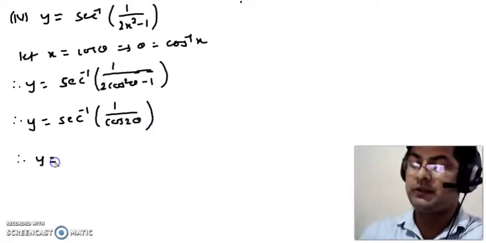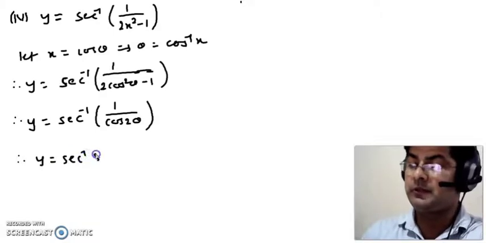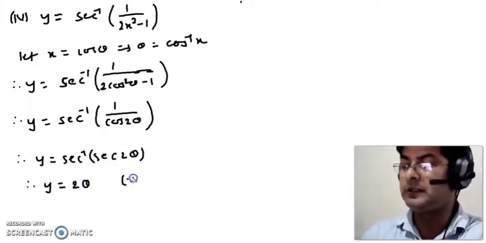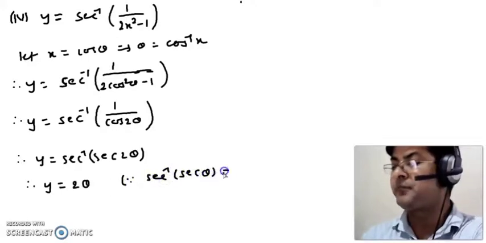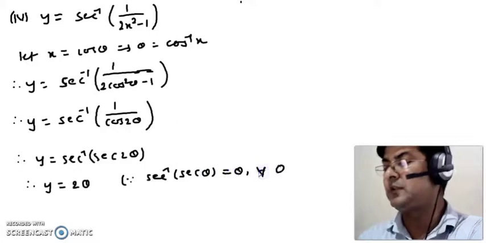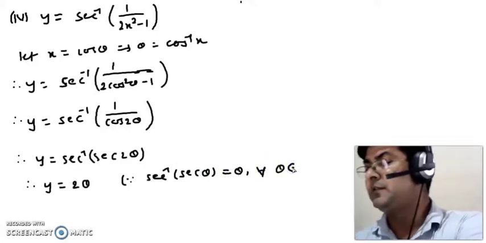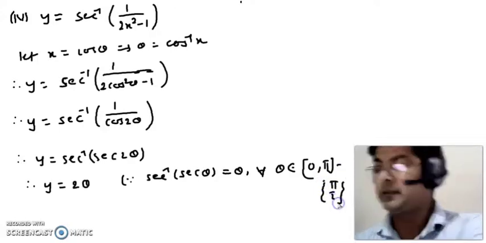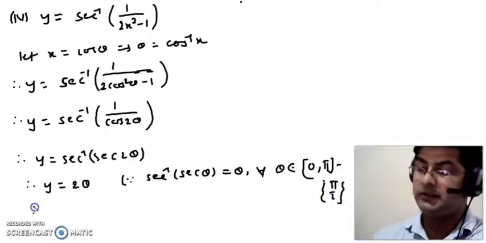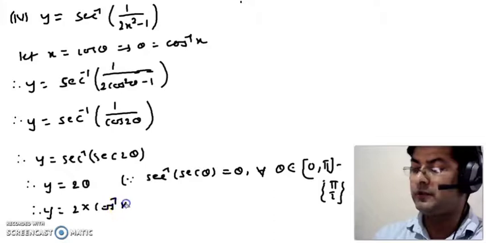And therefore y is equal to sec inverse of sec 2 theta, and therefore y is equal to 2 theta, since we know that sec inverse of sec theta is equal to theta for all theta belonging to 0 to pi minus pi by 2. Okay, it is not defined at pi by 2, and therefore the value of theta is cos inverse x.